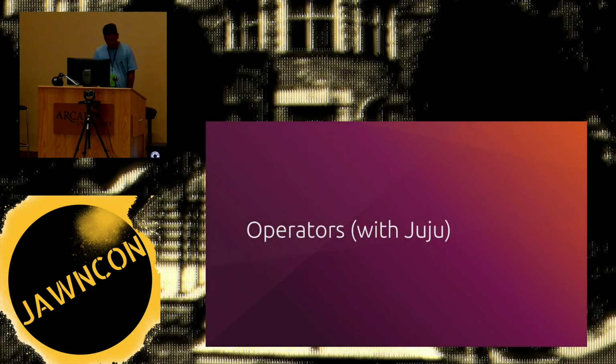I will be talking about Juju a little bit, but mostly this will be a demo. That's a lot of expertise to build, to be able to run a cluster of MySQL.